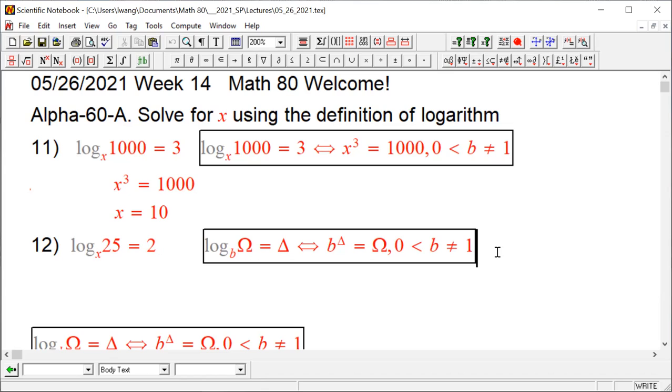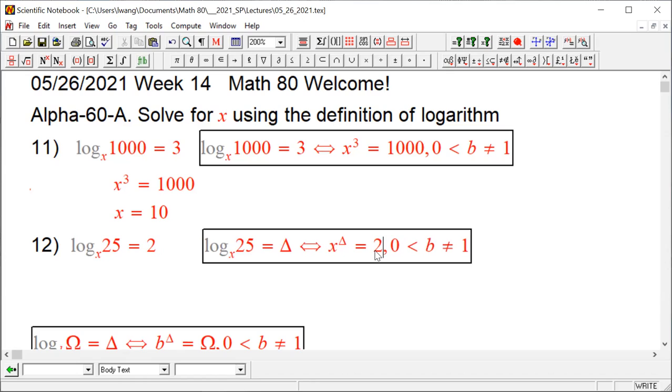How's it going? So the position of the base is x to be found, right? And the position of omega, we know that's 25.